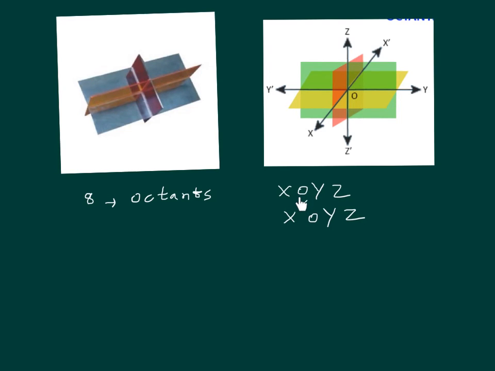Just adjacent to the first one will be XOY dash Z, and so on. We can have X dash OY dash Z. Continuing, we will get eight spaces.